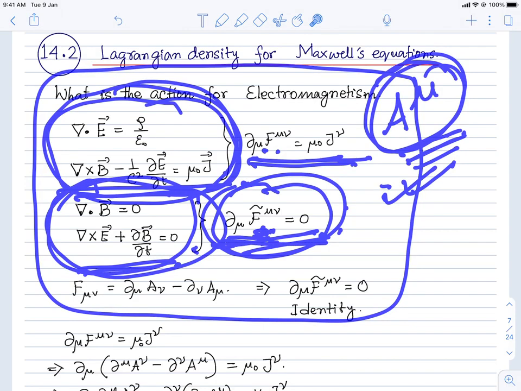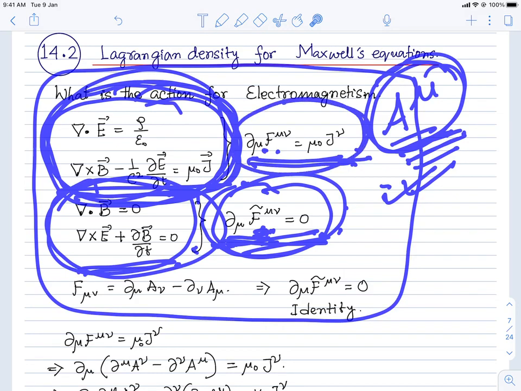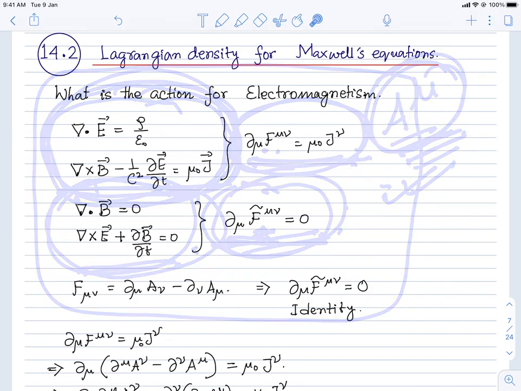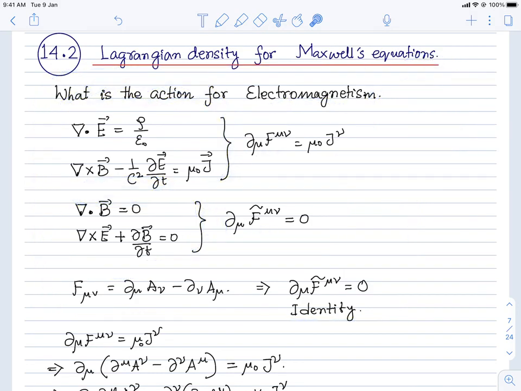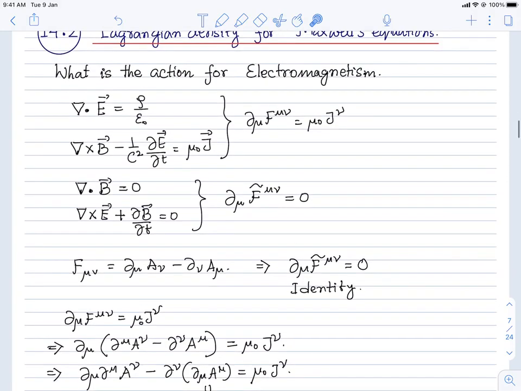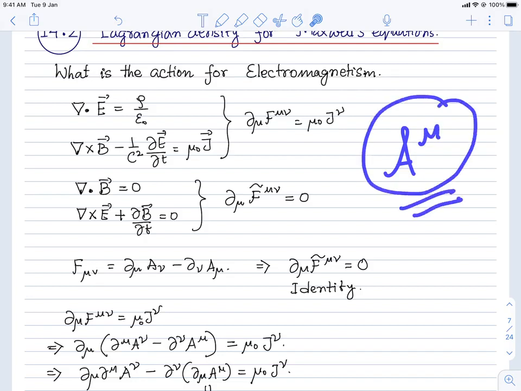Now these are the main equations which determine my gauge field, and therefore we should aim at deriving these equations, or more covariantly, these equations, starting from a Lagrangian. So the goal is to write down a Lagrangian for a degree of freedom which now is not a scalar but a 4-vector.